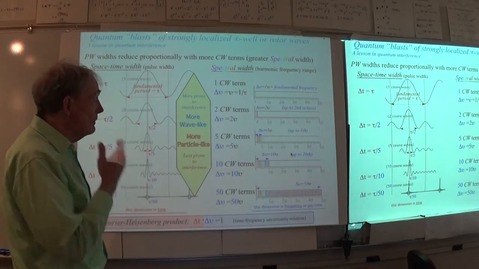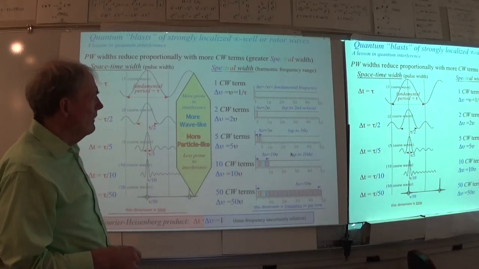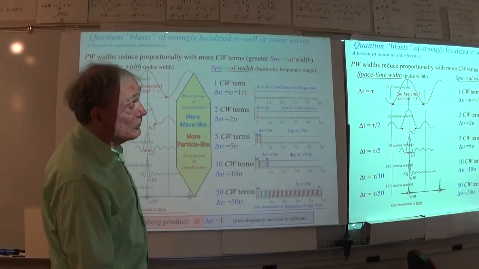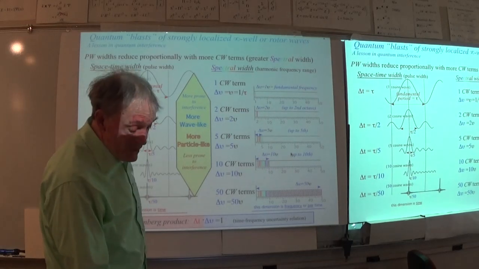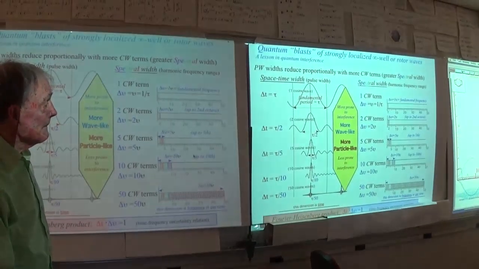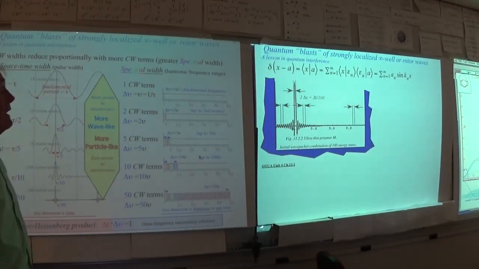Okay. So all of that is really cool, but I'd like to play with these pulses just a little bit more here in a situation where we've got some dispersion. So that's what we're doing here, making these concepts as clear as we possibly can.